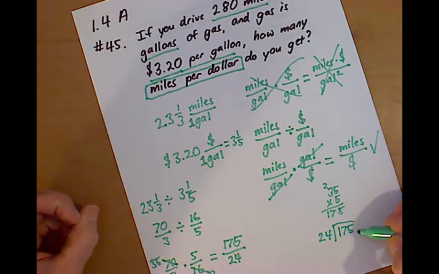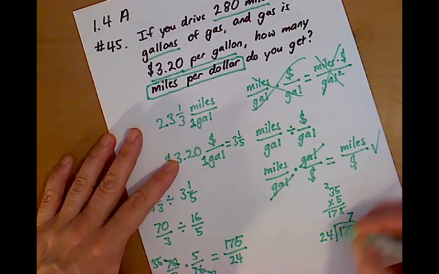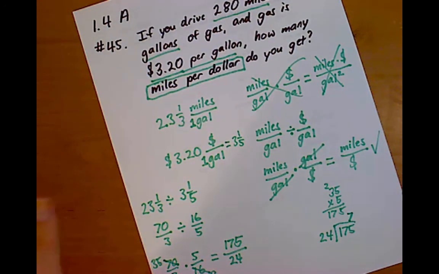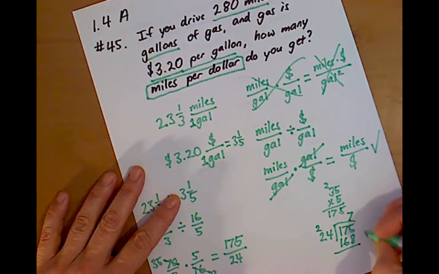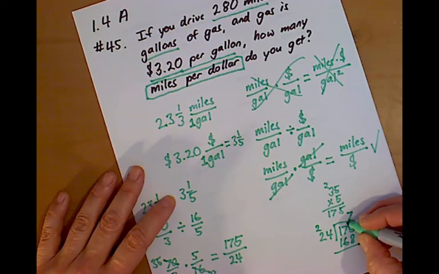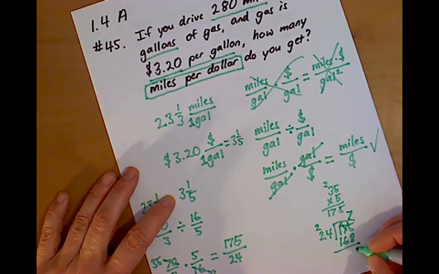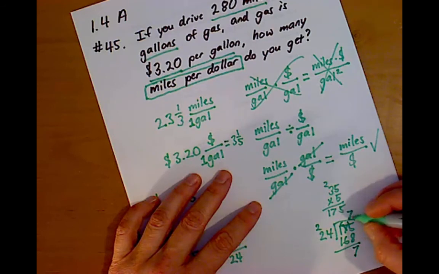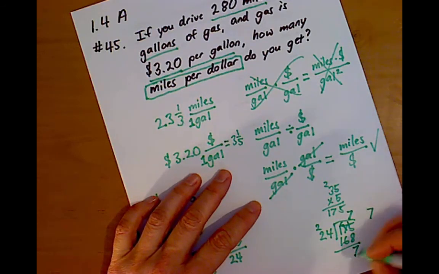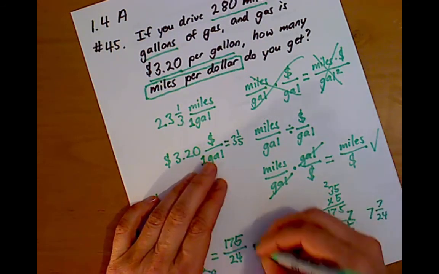Close enough that we're going to say that goes in 7 times. 7 times 4 is 28. 7 times 2 is 14, 15, 16. And then we're going to subtract. We have to borrow here. That becomes a 6. And we end up with 7. So at this point we have 7 whole and then 7 left over 24. So that's going to be our answer.